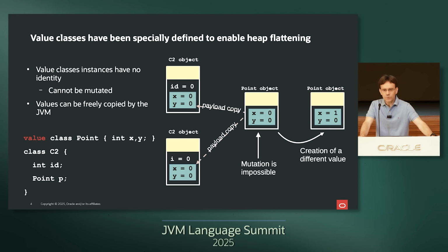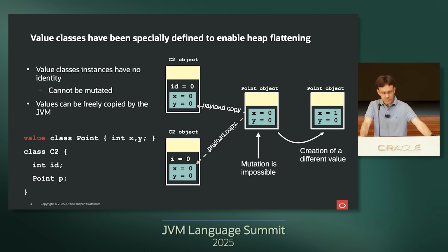This is why Project Valhalla has introduced the notion of value classes that are specifically defined to enable heap flattening. Value class instances have no identity and cannot be mutated, which means the VM can freely copy the content without having to pay the burden to update them.